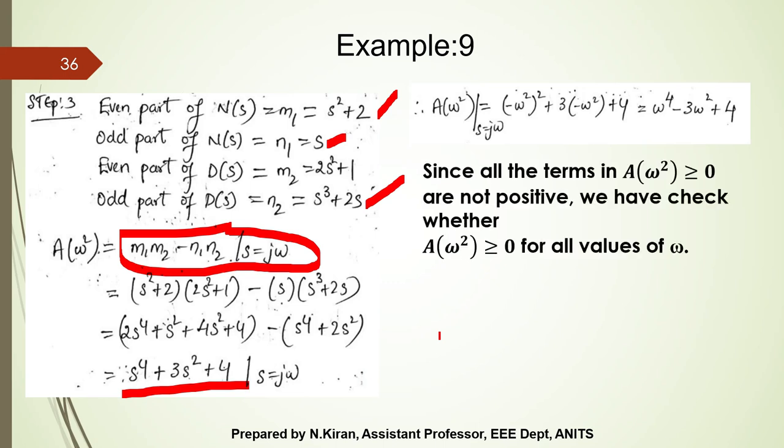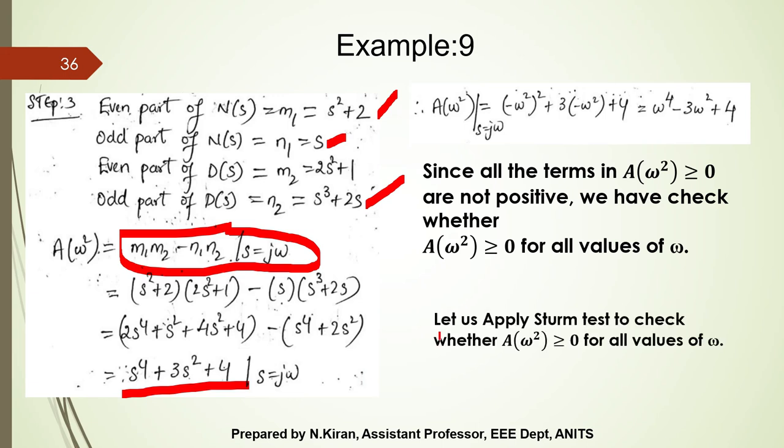Okay, so in such cases, for us to check whether A of omega square is greater than or equal to 0, we will apply Sturm's test to check whether this expression is greater than or equal to 0 for all the values of omega.